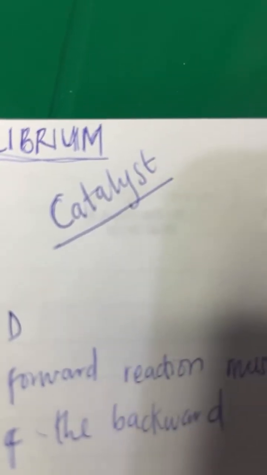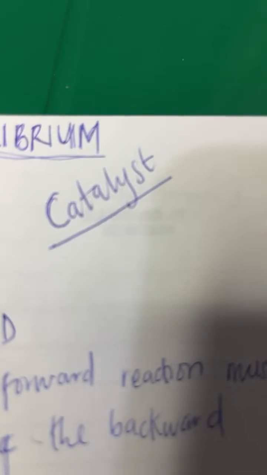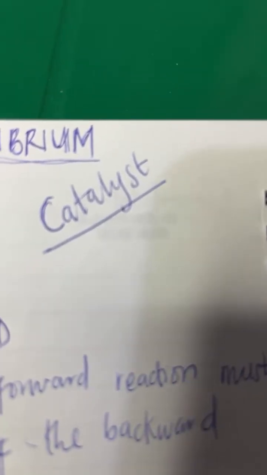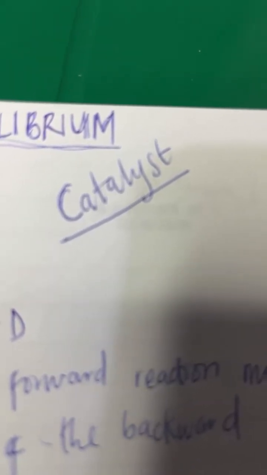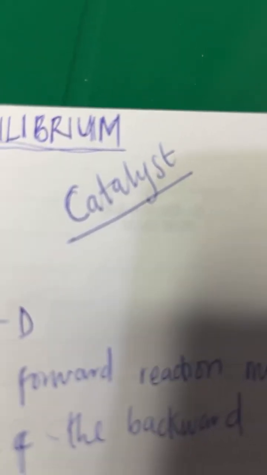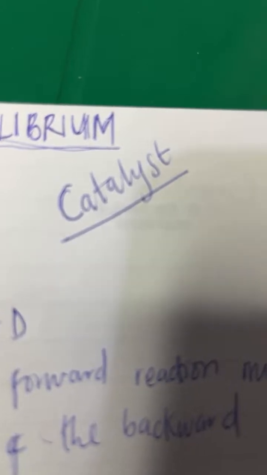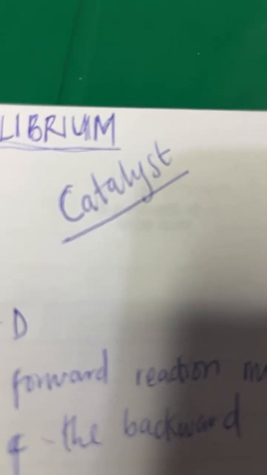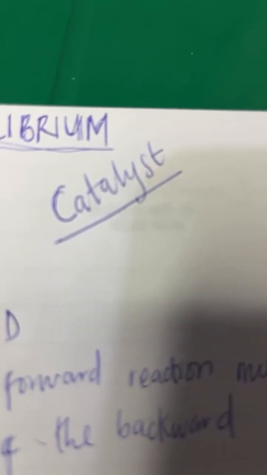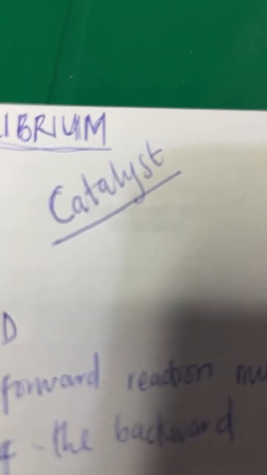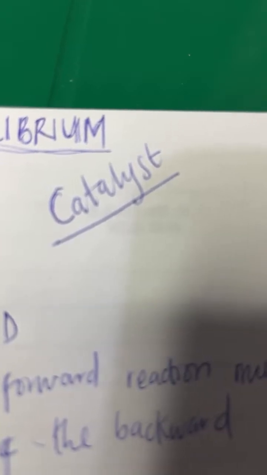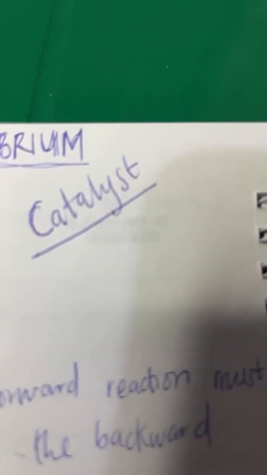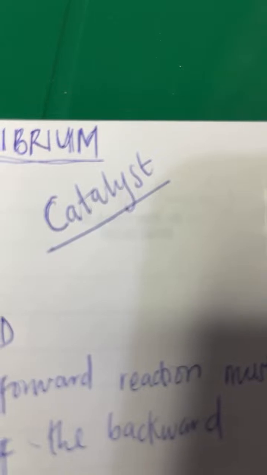Do you get me? It can decide to lower the activation energy of a particular reaction. It can speed up a chemical reaction. It can also slow down a chemical reaction. And another thing about a catalyst is that when it does its job, it is not chemically changed. It is not chemically altered. It just performs its job and is not altered in any form.